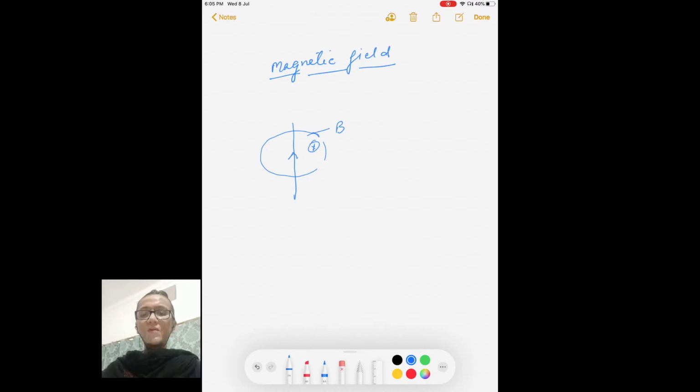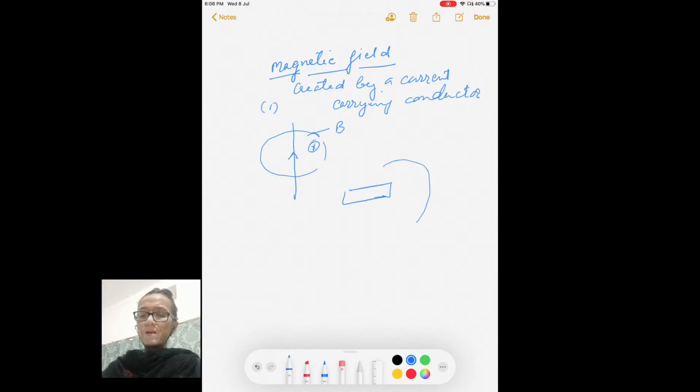Or second way. So magnetic field is firstly created by a current carrying conductor, or if a magnet is there, then all along the magnet you will feel influence of this magnet.